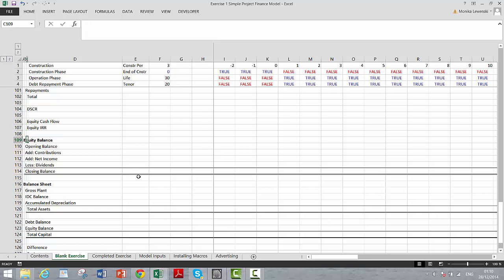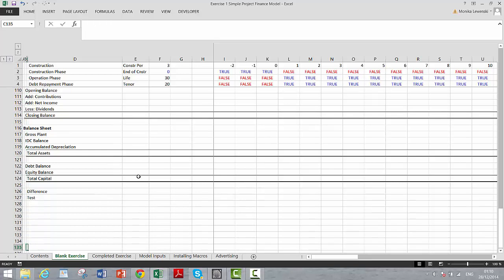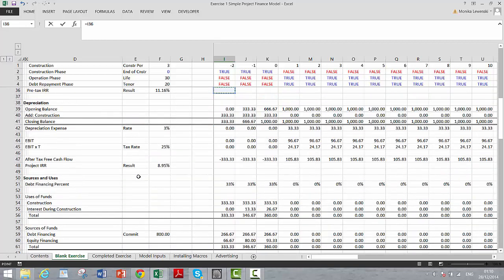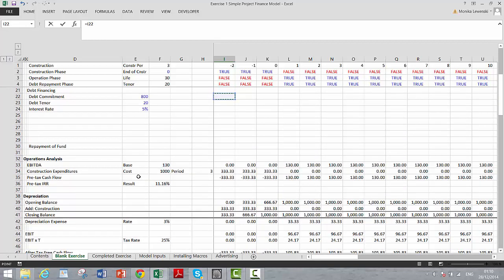I guess it's beneficial for me to go through these exercises to clean them up a little bit, but let's just begin. So let's do the exciting task of simply linking various things. We start with EBITDA.